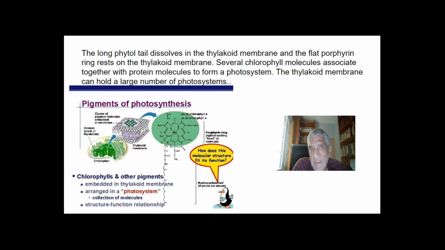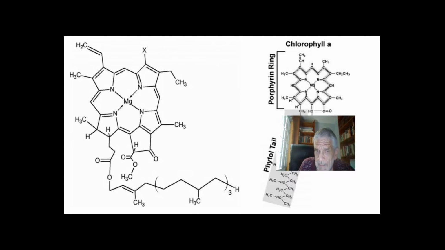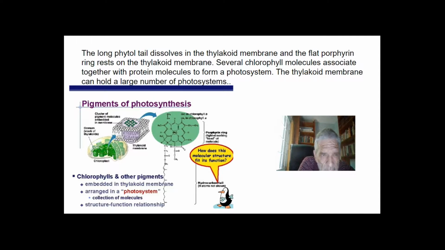And several chlorophyll molecules associate together with a protein to form a photosystem. And this is where light absorption occurs. And the thylakoid membrane can hold a large number of photosystems. If we look at the structure here, each of these round circles really is a photosystem which contains many porphyrin rings and other associated pigments which absorb light for photosynthesis.